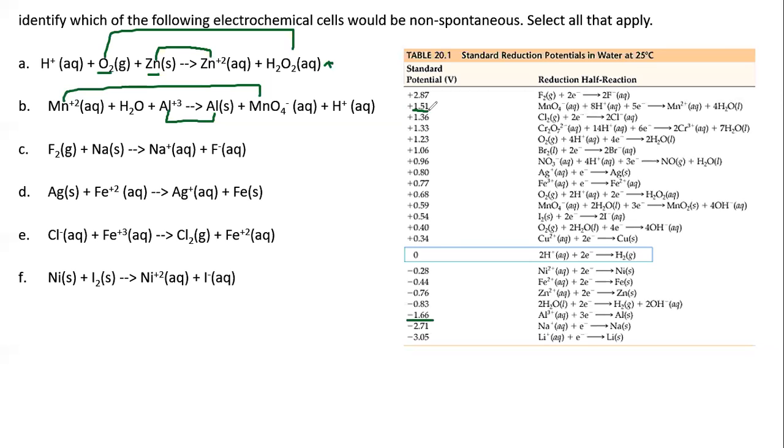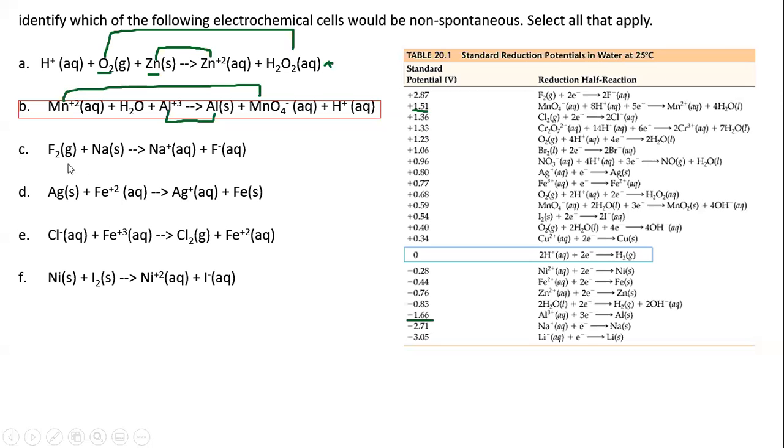So you notice that the reduction potential of permanganate to manganese 2 plus is greater than the reduction potential of aluminum 3 plus to aluminum. So B would be a non-spontaneous reaction. It would prefer to go the other direction, because again, the reduction potential of aluminum 3 plus is less than the reduction potential of permanganate.